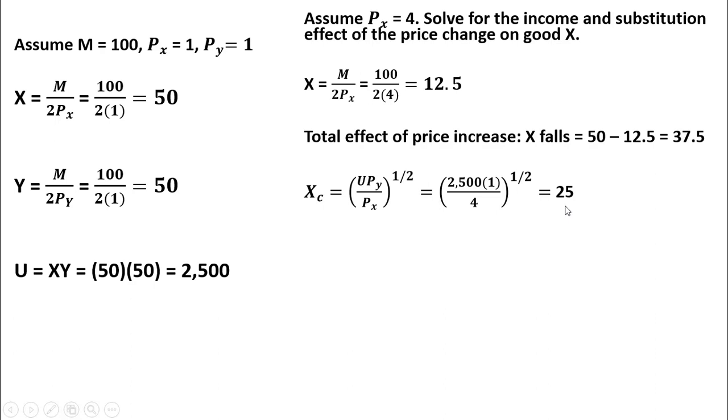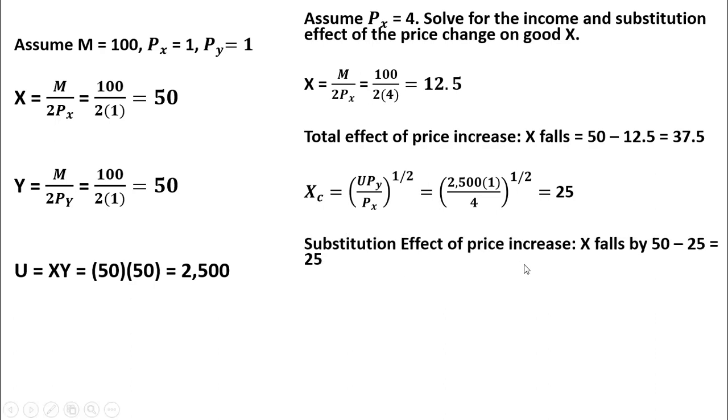This is now allowing us to isolate the substitution effect. So the substitution effect of the price increase is going to be given by X falling from 50 to 25, or a 25 unit decrease.